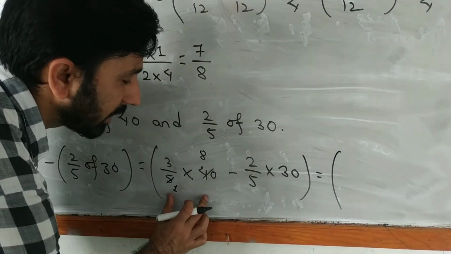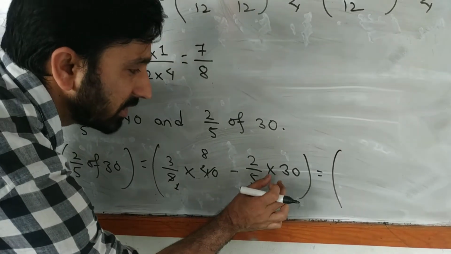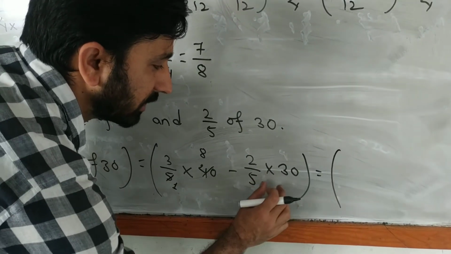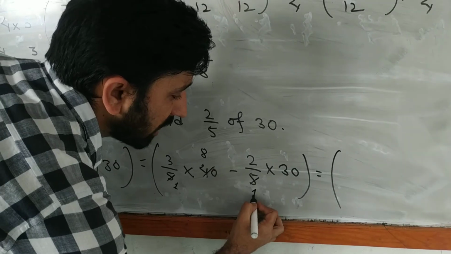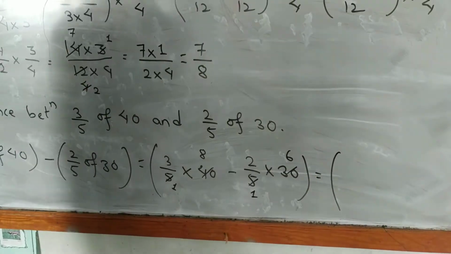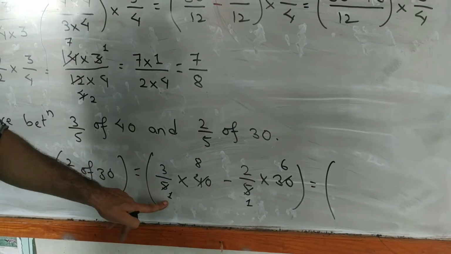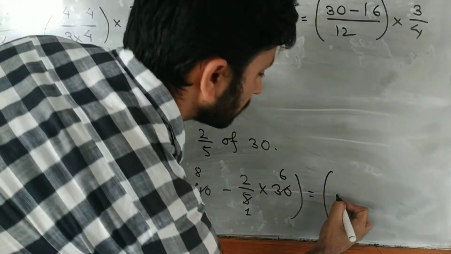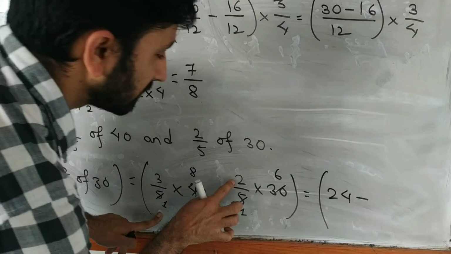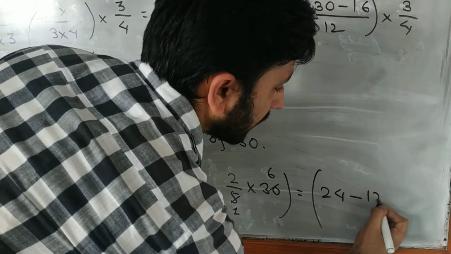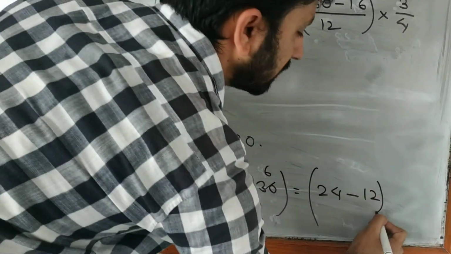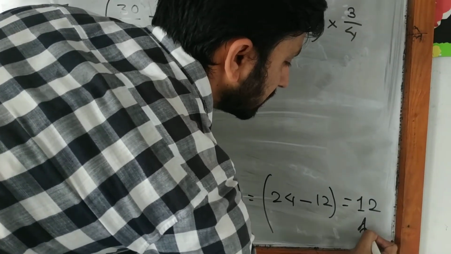This rule is applied only when there is a multiplication sign between the numbers. 5 ones, 5 sixes. That means 3 into 8. No need to write divide by 1. 3 eights are 24 minus 2 sixes are 12. Again no need to write divide by 1. And the answer is 12.